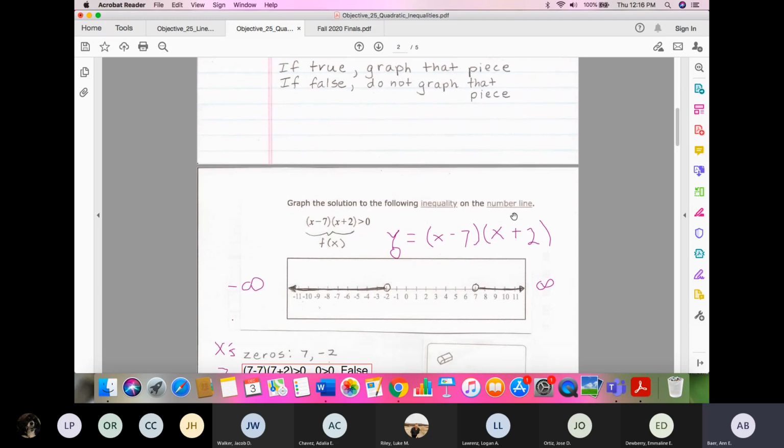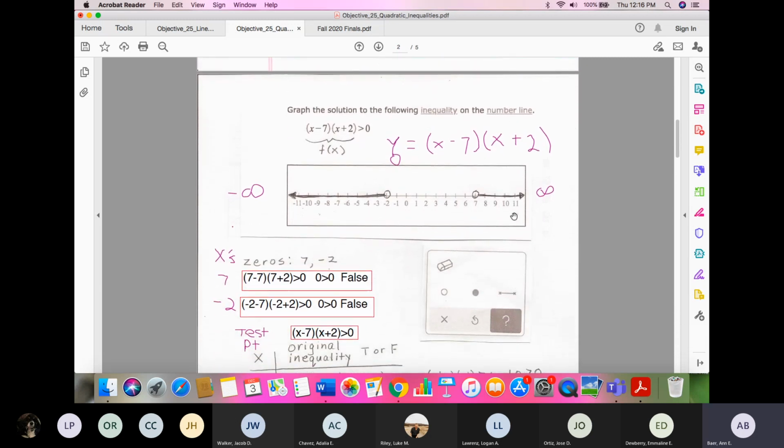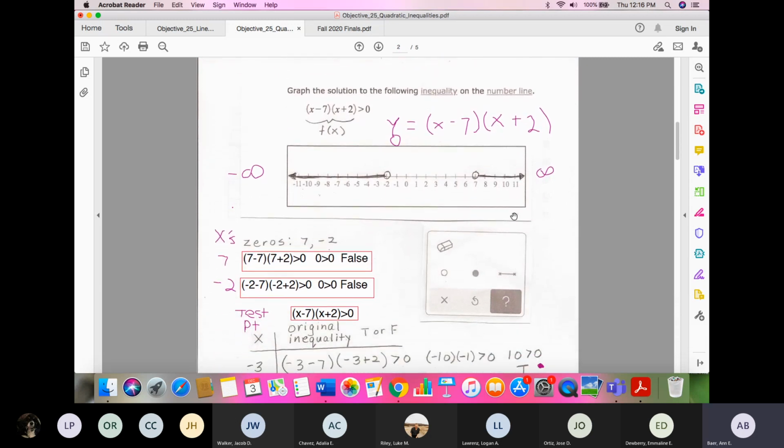So we're going to do one of the ALEKS topics now. We've got 2 in this document that we are going to do. There are only 2 topics in ALEKS in this objective on solving quadratic inequalities. The first one is not going to use all the steps. It's only going to use some of them. We want to graph the solution to the following inequality on the number line.